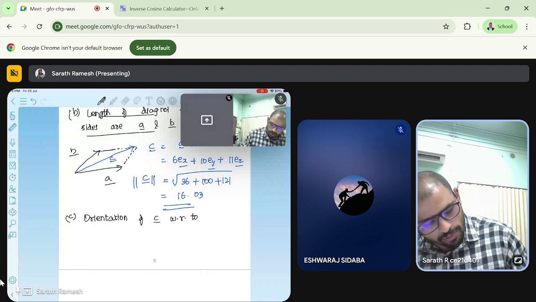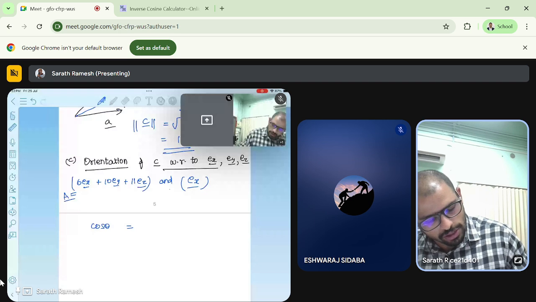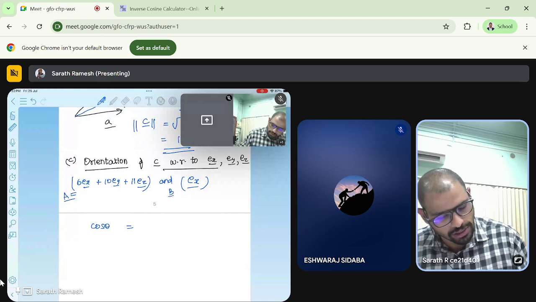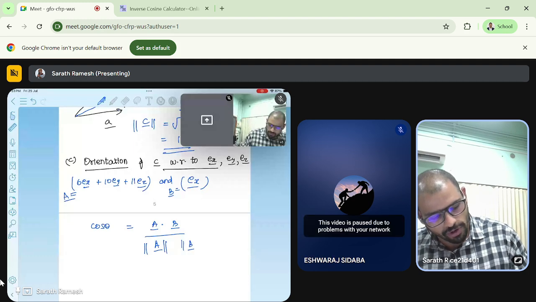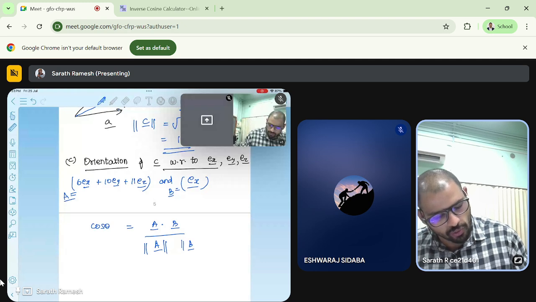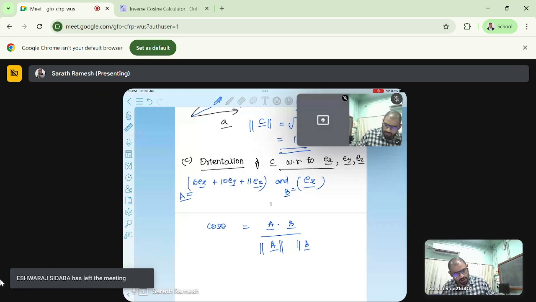A dot B by modulus of A modulus of B, right? So what is A dot B? Same procedure. So A dot B is 6, divided by modulus of A, which will be root of 6 square plus 10 square plus 11 square, and modulus of B is 1, right?